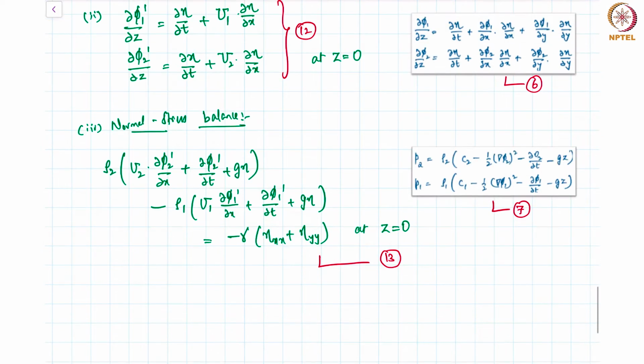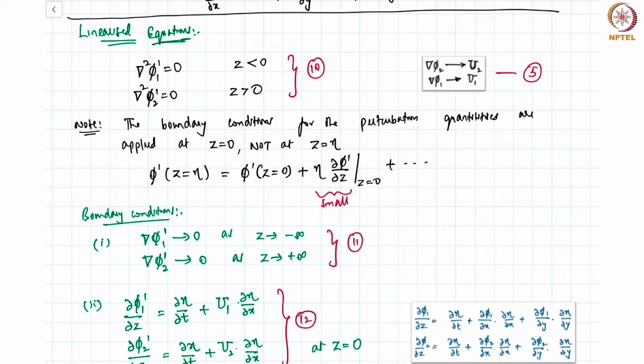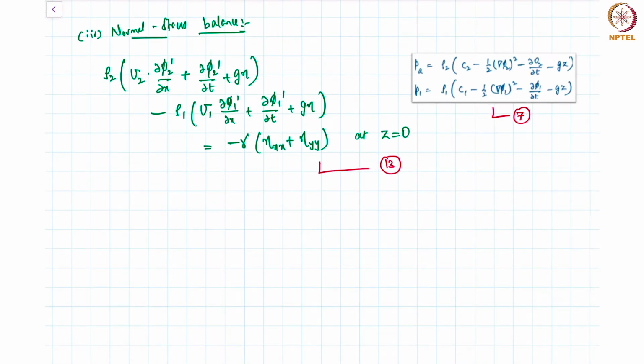And finally, the normal stress balance is also applied at z equal to 0. And recall that we are doing it at z equal to 0 because if the amplitude of the perturbation eta is small, then I can take a Taylor series expansion of a perturbation quantity about z equal to 0, and therefore the higher order terms become very small. So the leading order term, which is the perturbation quantity evaluated at z equal to 0, is what survives.